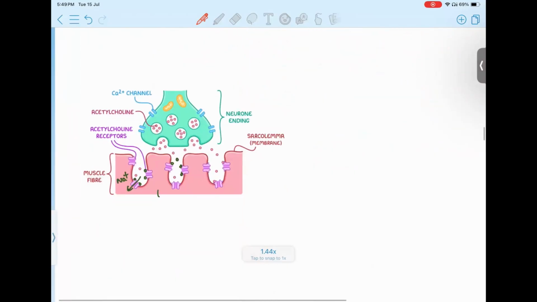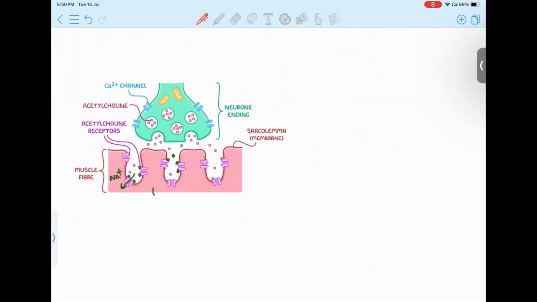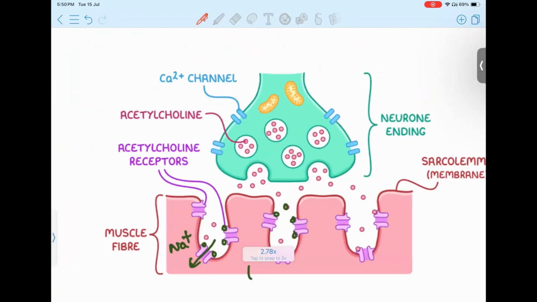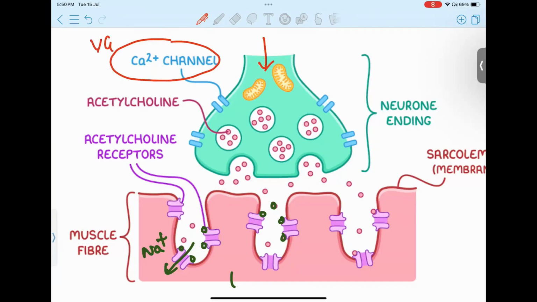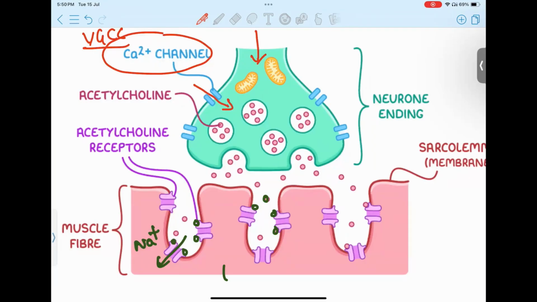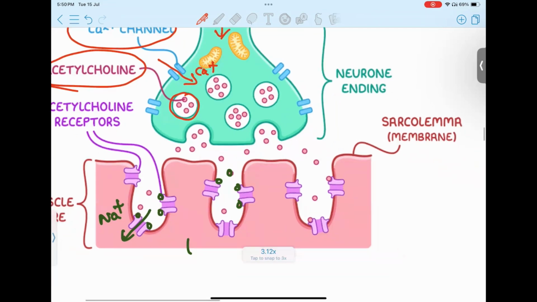Next, moving on to the neuromuscular junction and its action potential. We all know that once the action potential reaches here, it will trigger the opening of the voltage gated calcium channels. Once they are open, calcium comes inside and helps the acetylcholine vesicles, which will cause the exocytosis of acetylcholine.